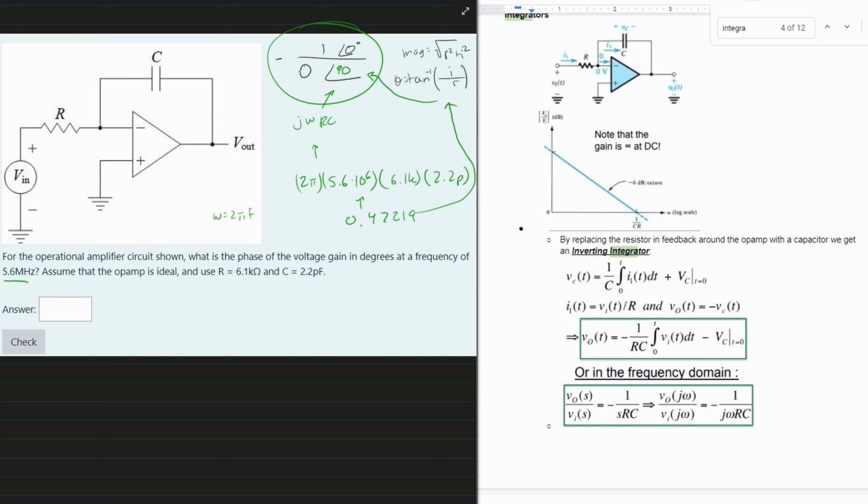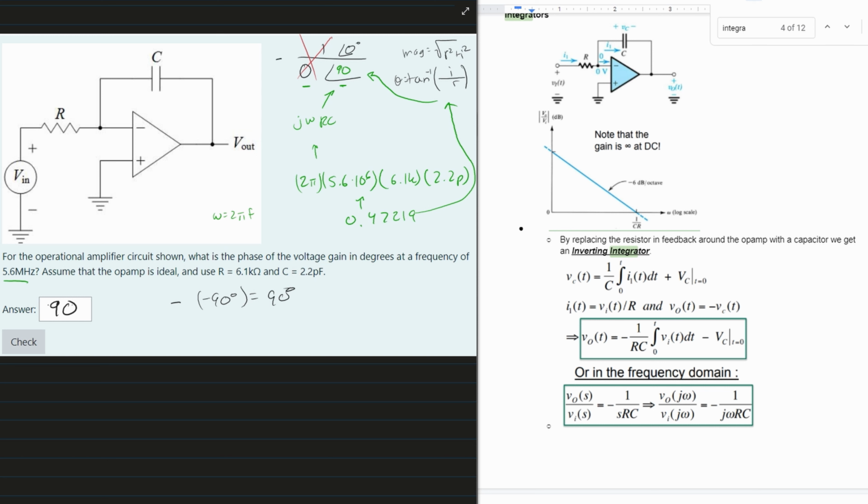Now, when we do this division, we're going to subtract the real numbers, but we don't care about the magnitude in this case, so we're not even going to look at this part. But we are also going to subtract the denominator from the numerator angle. If we do this, we are going to get, inside of here, a negative because of this negative, and then we have a -90 degrees. And so the negatives make a positive, and our answer is going to be 90 degrees.